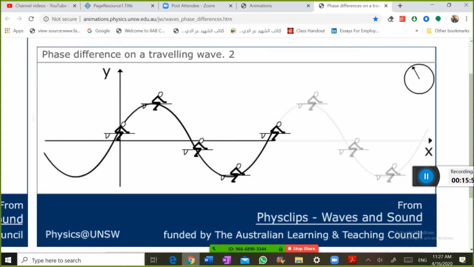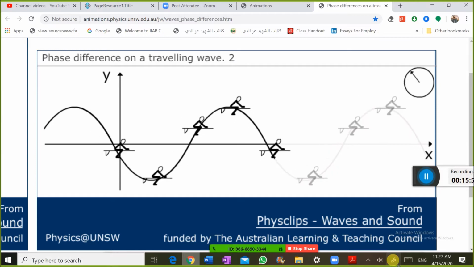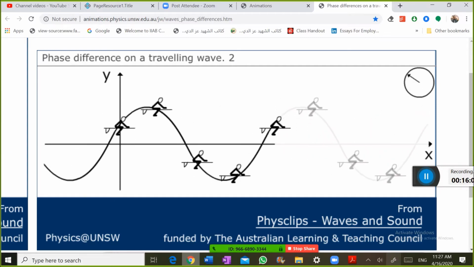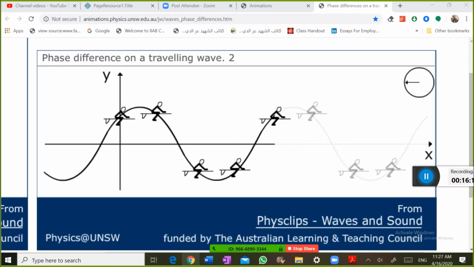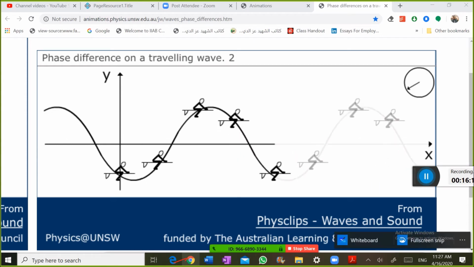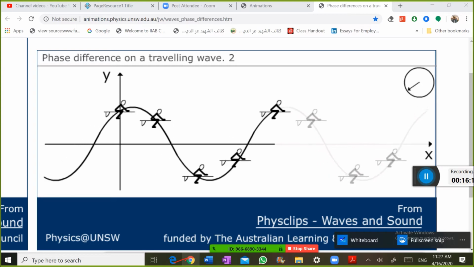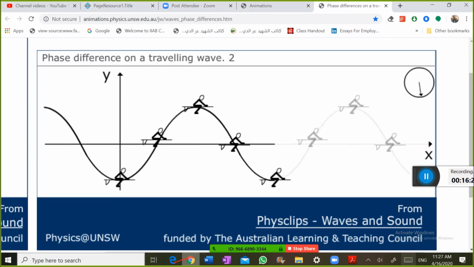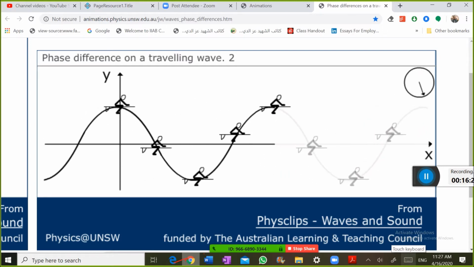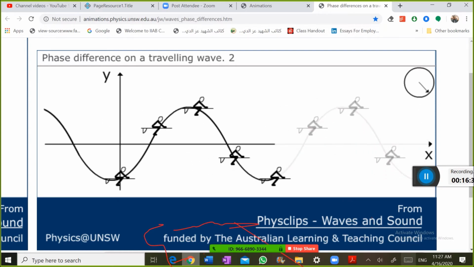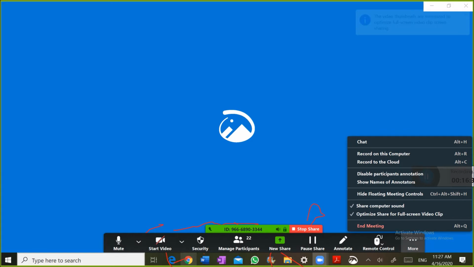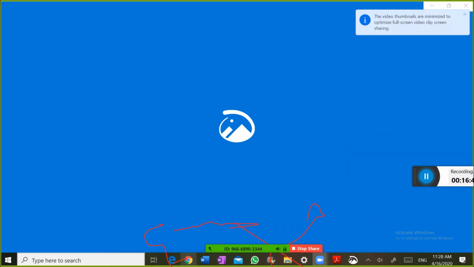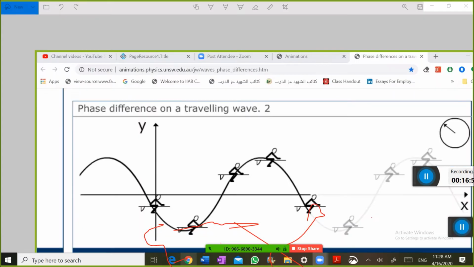If I consider two different moments here, I will take screenshots for two different moments of the progressive wave, and I will compare it with two screenshots of a standing wave at different moments.